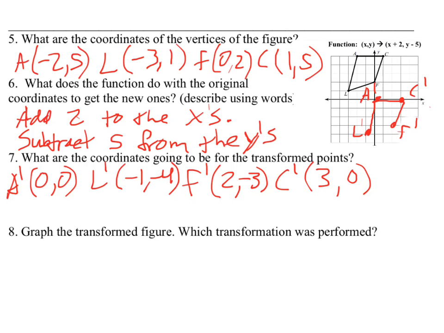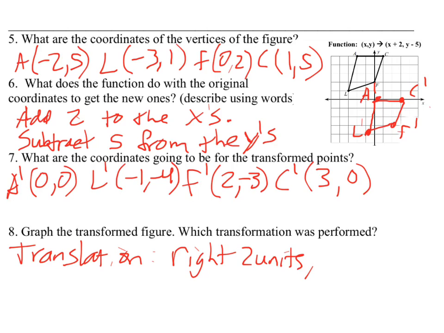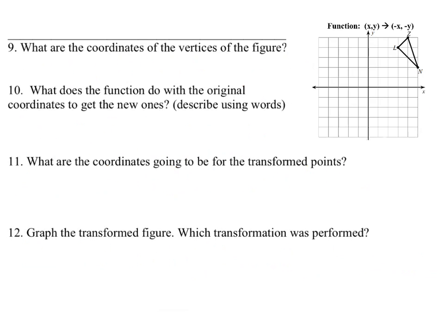And it's the same figure, it's just been translated to the right 2 and down 5. And so that's what you write down here. Translation, right 2 units, down 5 units. There you go.